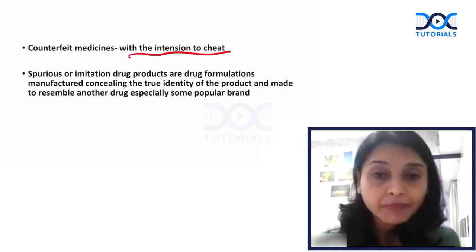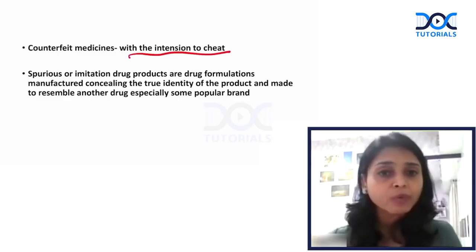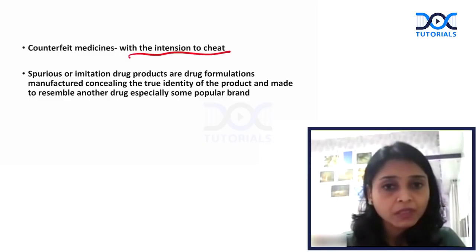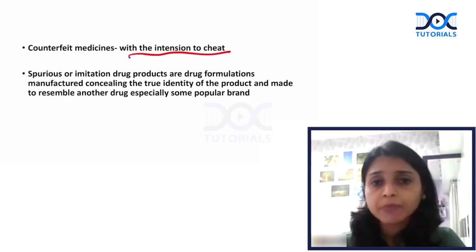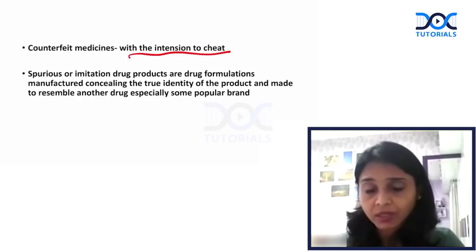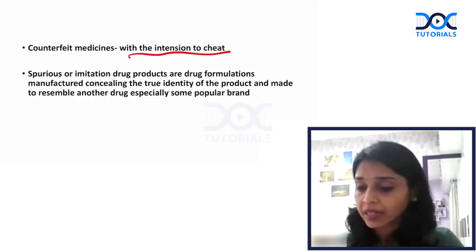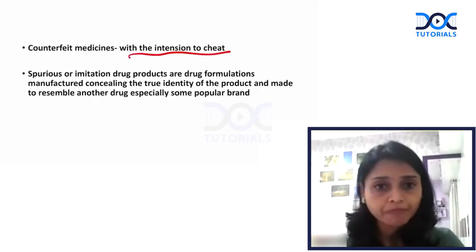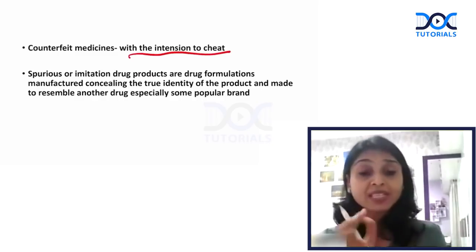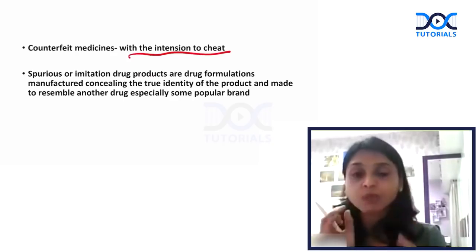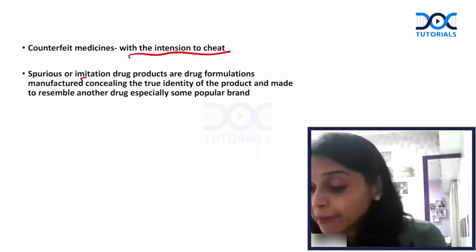Spurious. Misbranded was not in the option. Then what was the correct answer there? No. Spurious is something different. You know what is spurious? Spurious is also known as imitation drug.